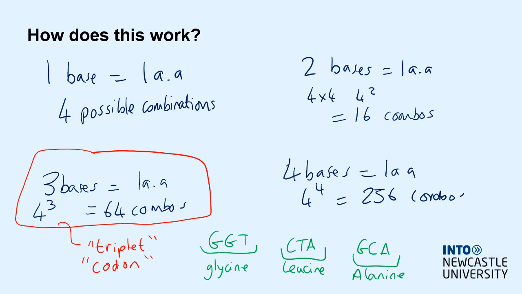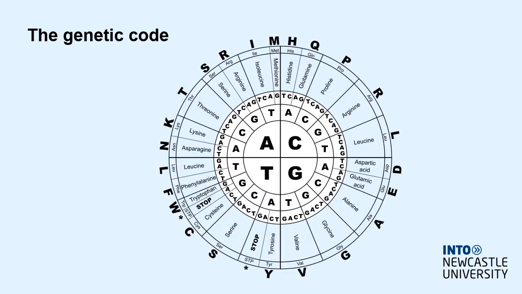you can use this table, and from a piece of DNA you can read off what the amino acid sequence, therefore what the primary sequence of the amino acids will be. So this is a wheel, or a circular table, that you can use if you've got a piece of DNA to read off what amino acid you have. So we've got a codon.